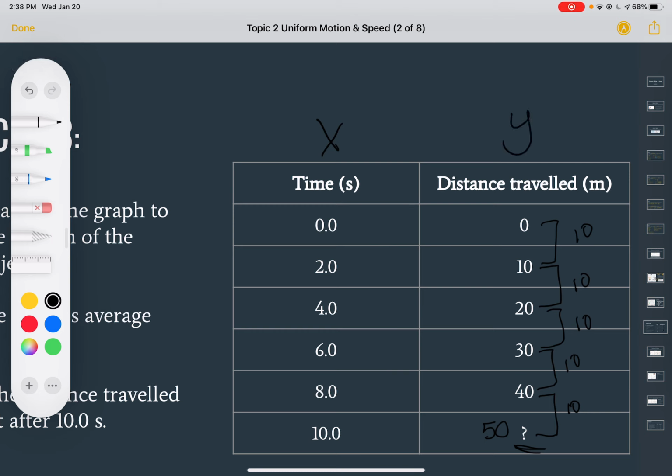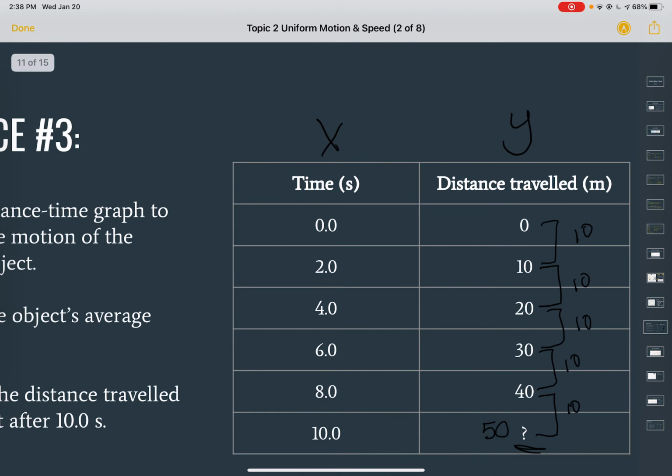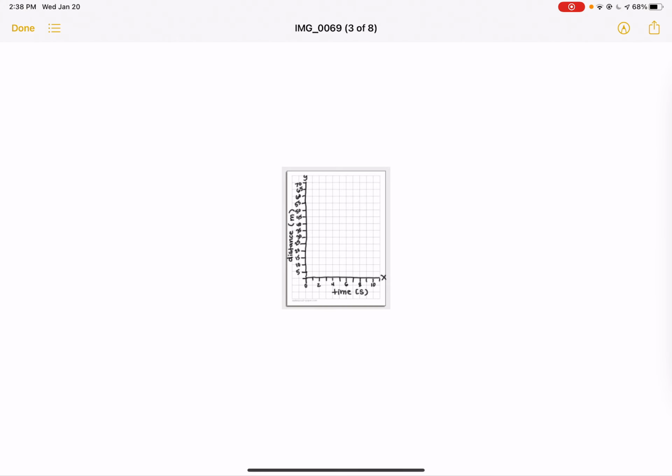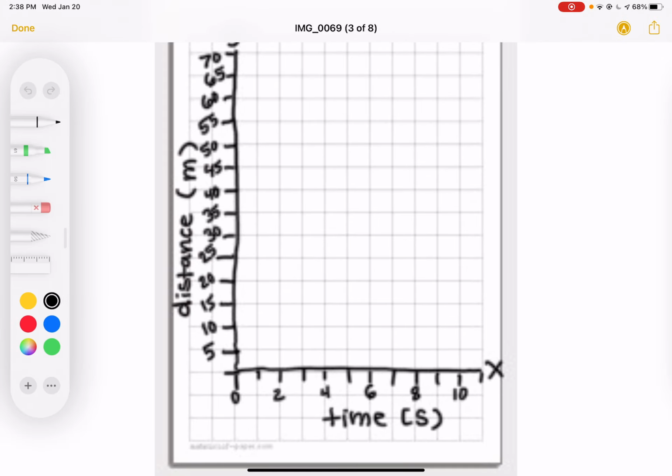How we're going to do this, our first point is going to be at x 0, y 0. That's pretty easy because it's just going to be right in the corner. Now our next point is at 2 on the x-axis and 10 on the y. So 2 on the x-axis is here, and 10 on the y is here.